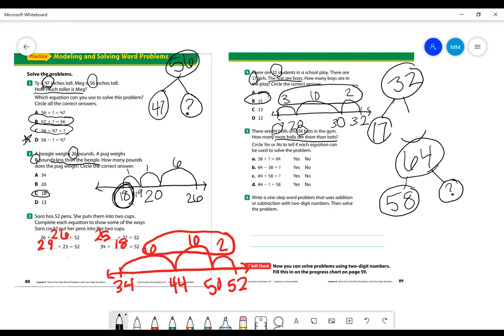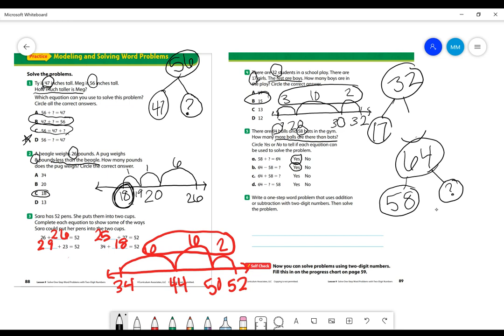All right, so Miss Mason's going to go through and circle the equations that would help us. 58 plus a missing part would help us find how many more we had. I could also start with my whole and take away the part that I know to find the missing part. For letter C, would I add 64 and 58 to find how many more balls there are than bats?